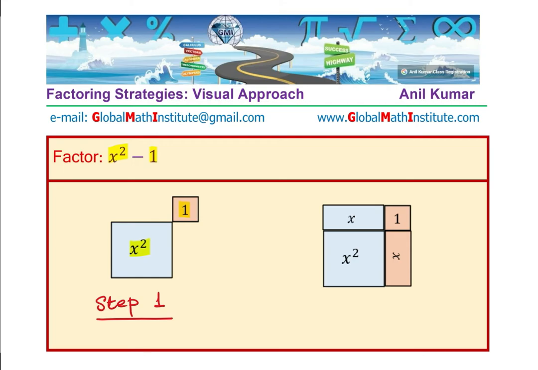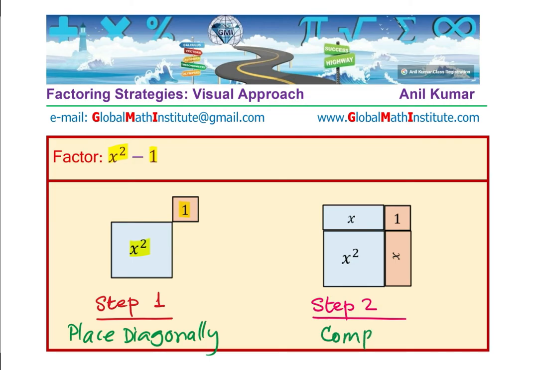And then in the second stage, step 2, what do we do? We complete the rectangle. So here, place them diagonally. And here, complete the rectangle. We didn't change it. We added one positive and one negative x.